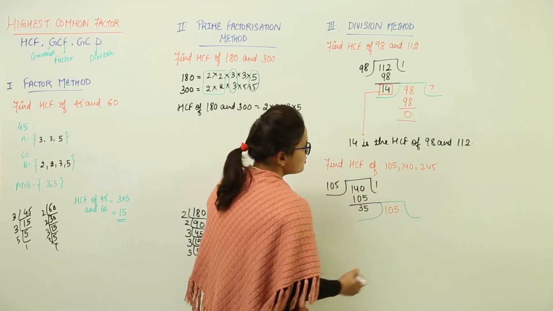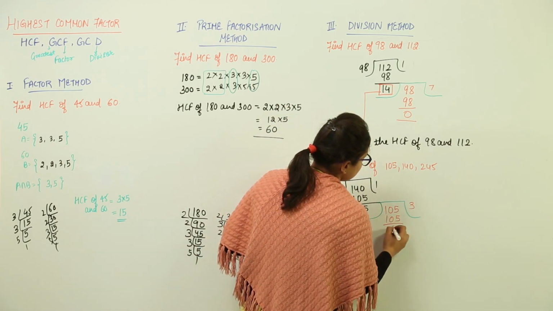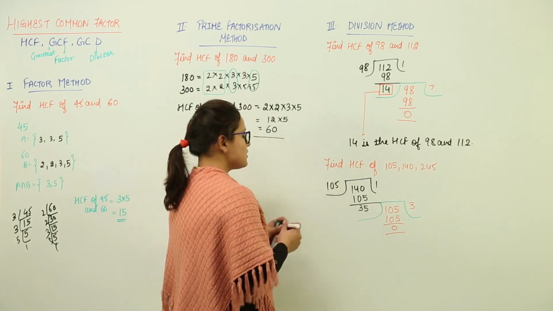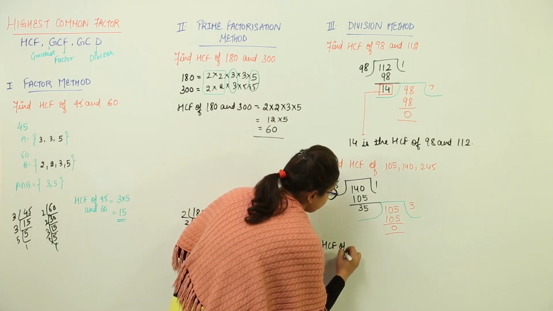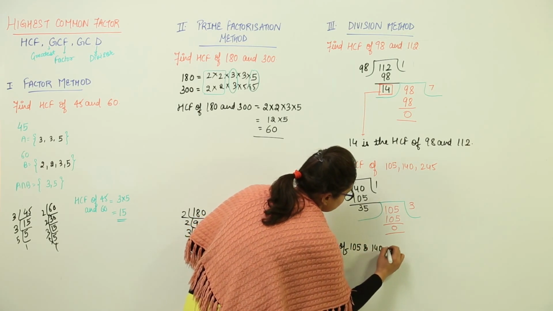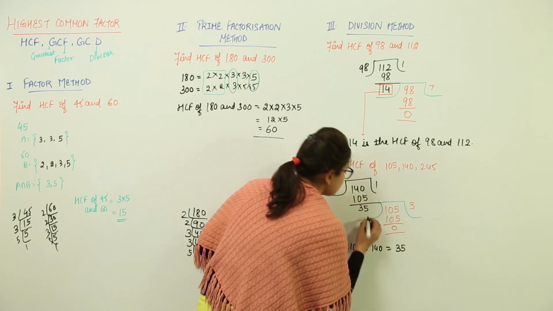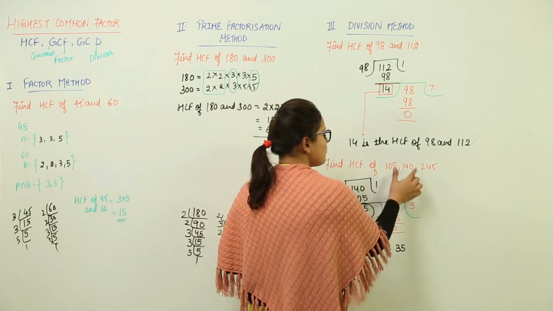Now 35 goes 3 times with 105, so we have got 0 as the remainder. So what is the HCF you have got now? You have got the HCF of 105 and 140 as 35, because this was the last divisor you got. Now you have the HCF of the first two.